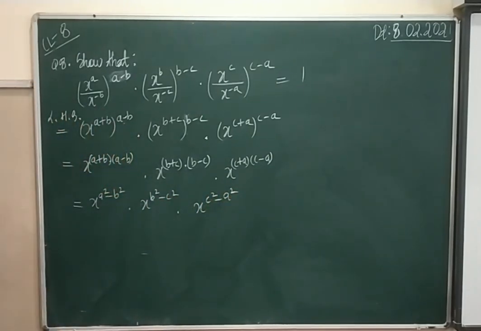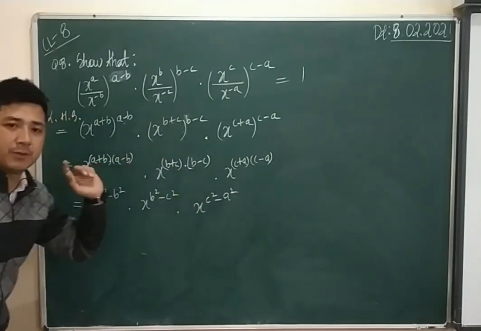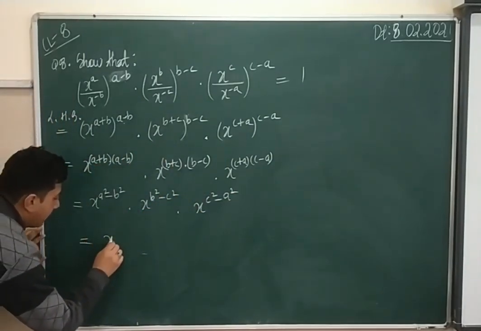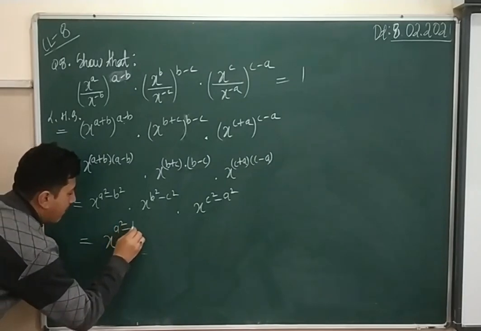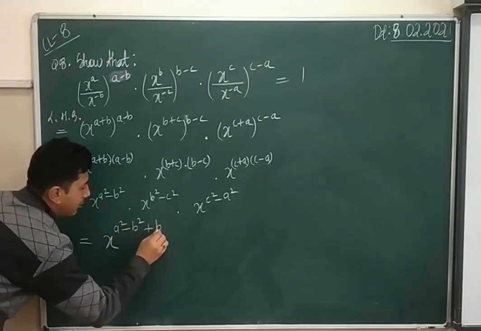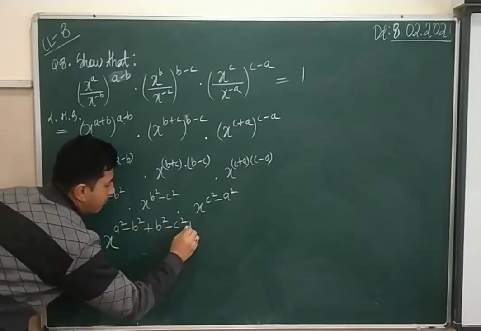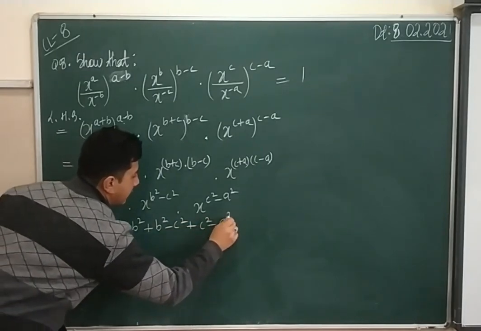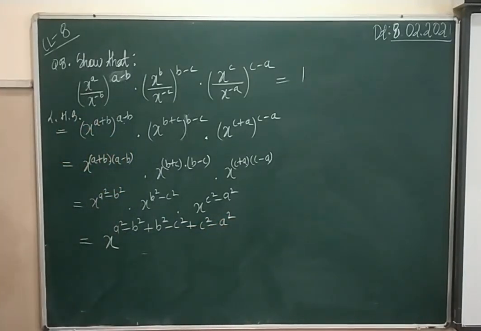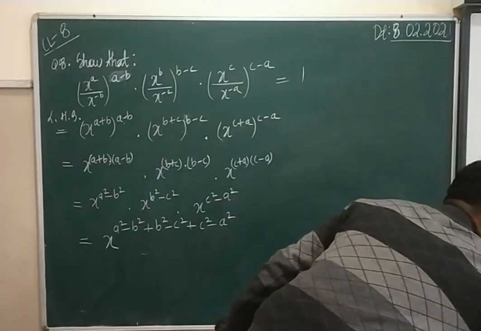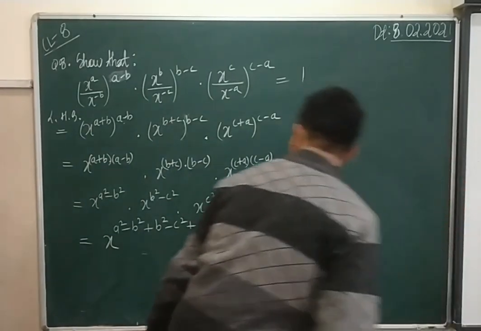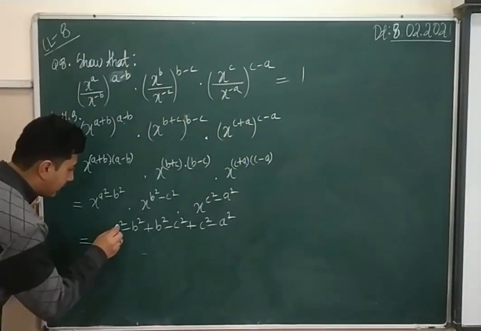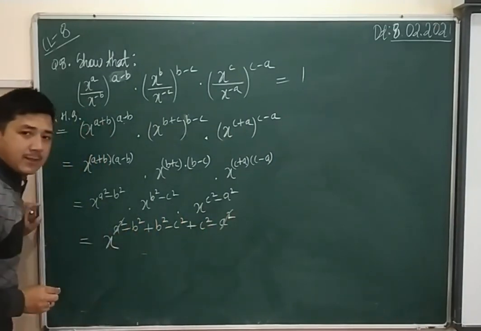Now if I use the product law, I can add the powers also. Keeping the same base, add the powers. A square minus b square plus b square minus c square plus c square minus a square. So now I can cancel the powers, because here plus a square and minus a square gets cancelled out.